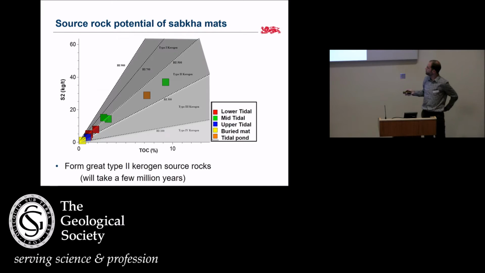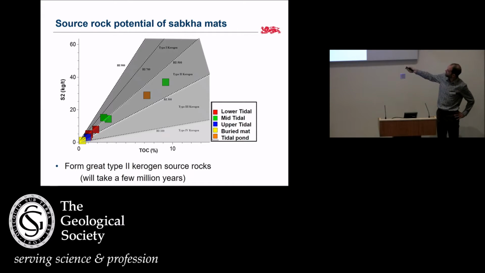If we combine those two in a diagram used by petroleum geochemists, we can see here the S2 peak, so the material available to produce hydrocarbons when buried, and the total organic carbon.